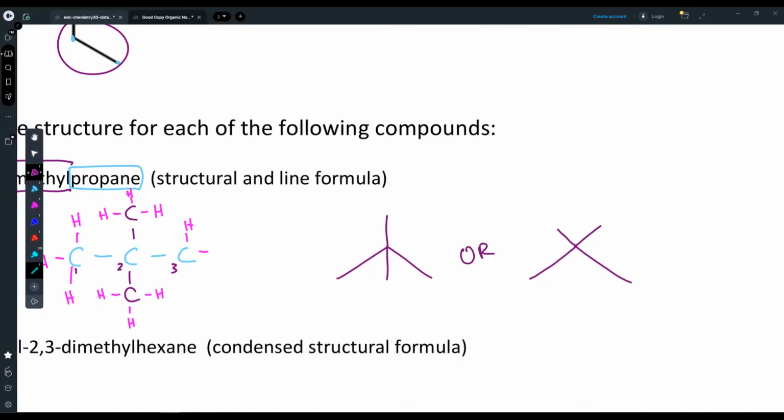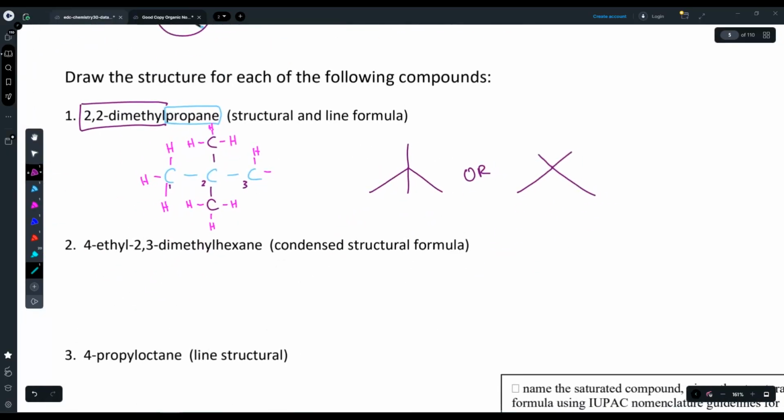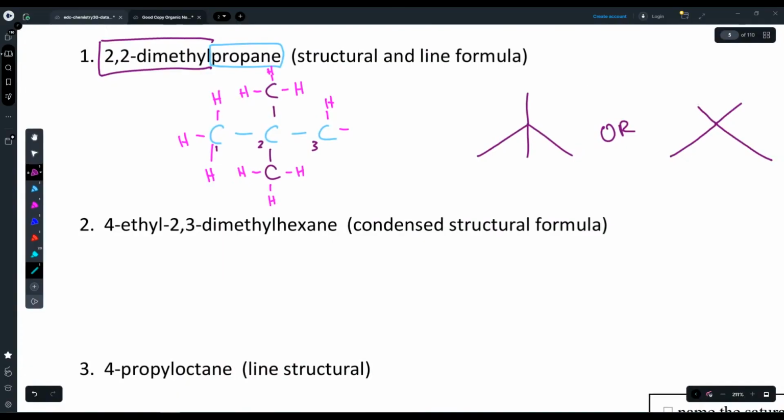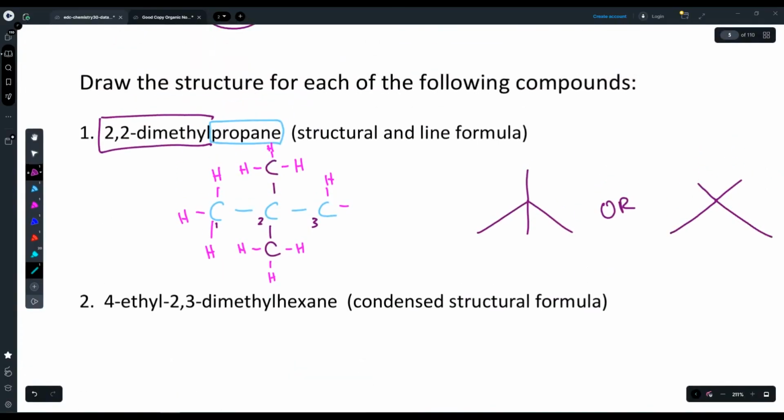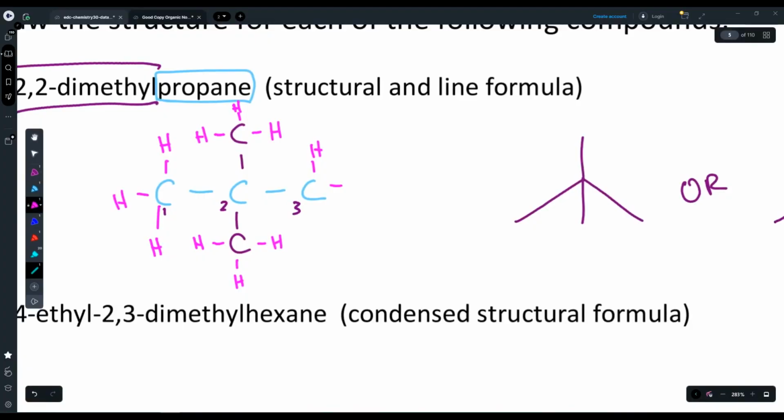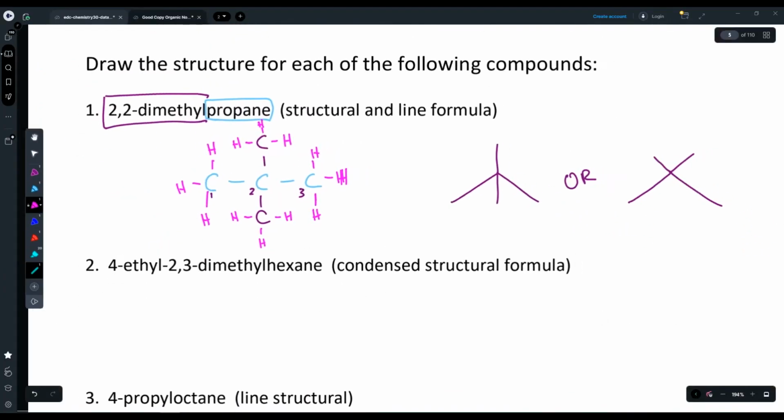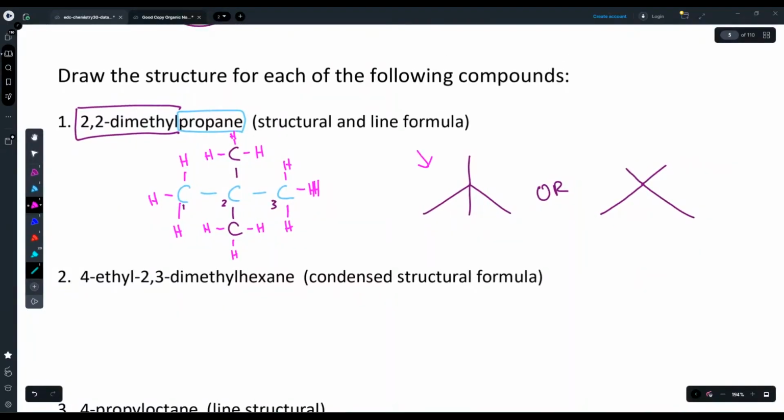Both of these are the same compound. Ooh, those hydrogens went away. Let's get them back in there. As you can see, the line formulas are way faster to draw than the full structural diagram.